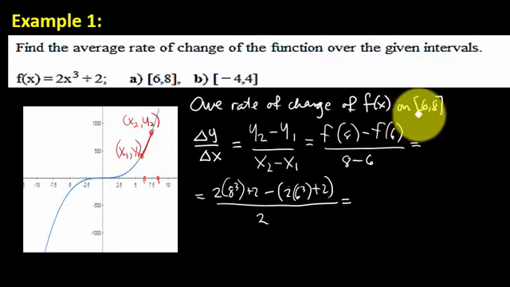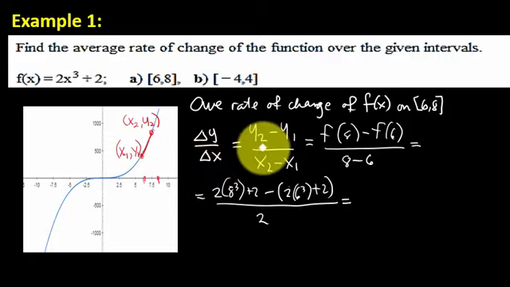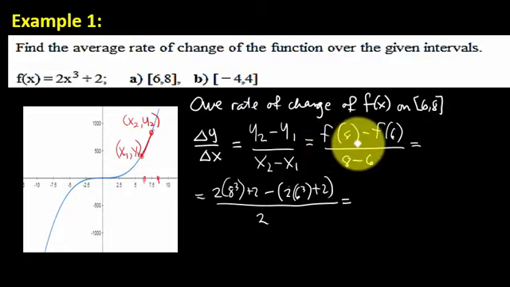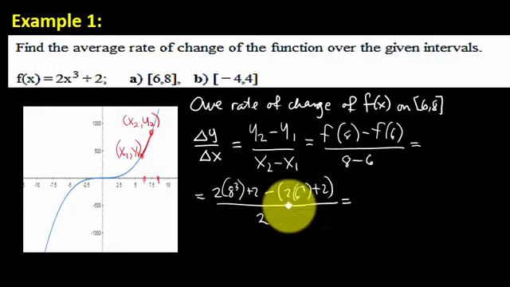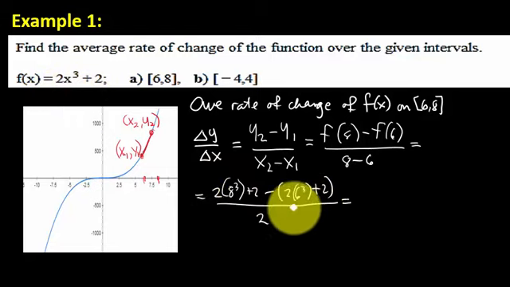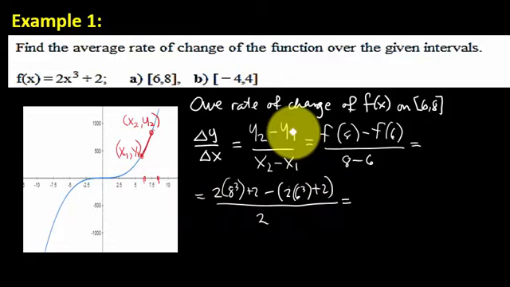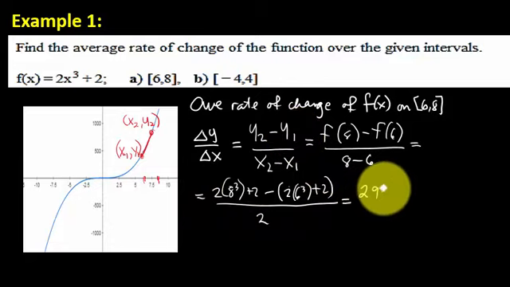So the average rate of change of f of x on the interval 6 to 8 would be delta y over delta x, the change in y over the change in x, so f of 8 minus f of 6, divided by 8 minus 6. All you have to do is plug 8 into the function, then 6 into the function, and take their difference. If you work all this out, the final answer is 296.